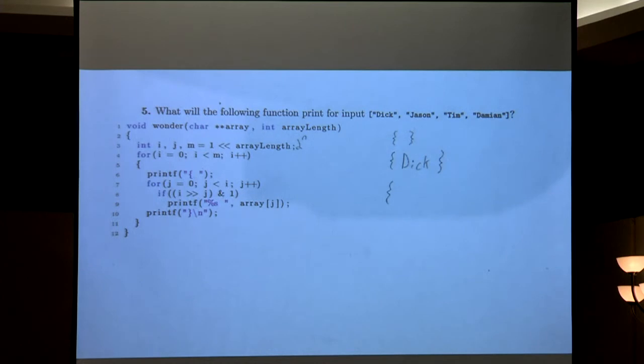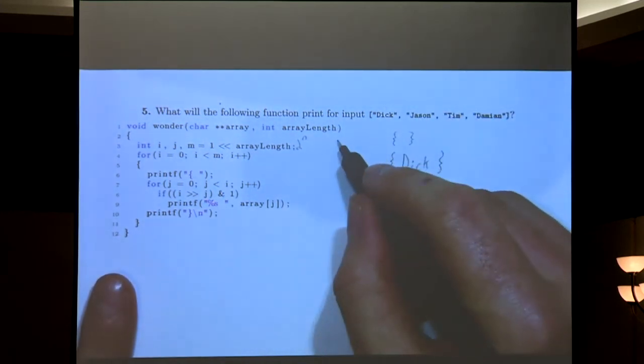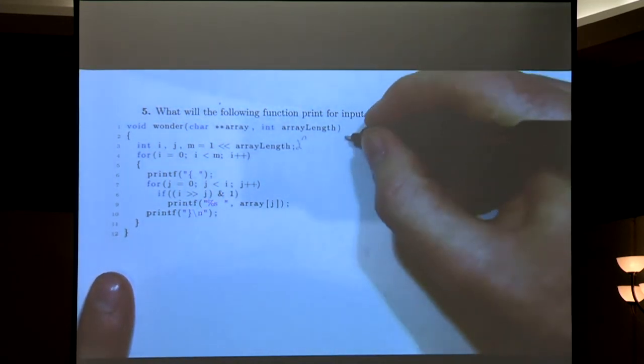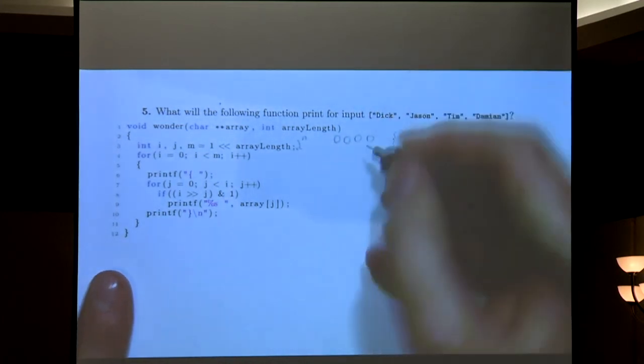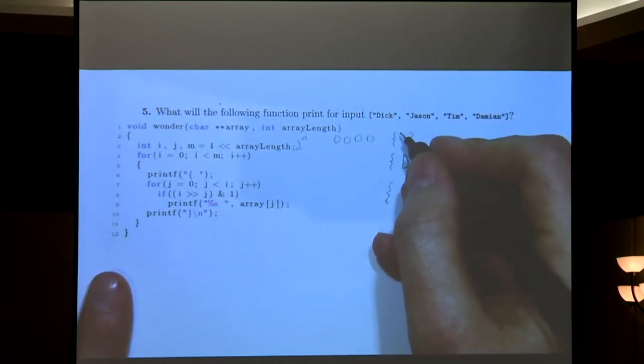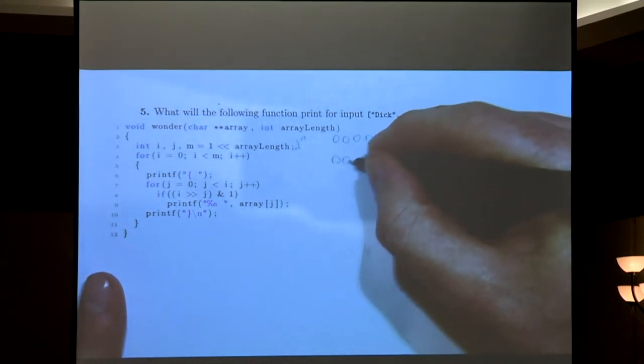It's going to print all subsets of the input array. So if you think about this, I'm going to write out i to the side right here. So in this first iteration of the loop, i is 0, 0, 0, 0. In the second iteration of the loop, i is 0, 0, 0, 1.